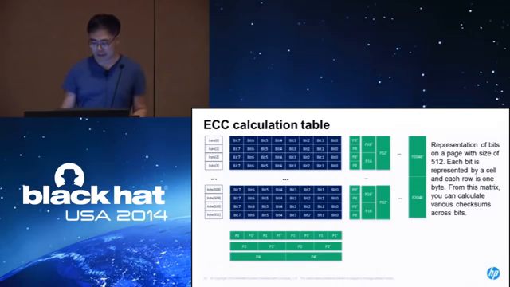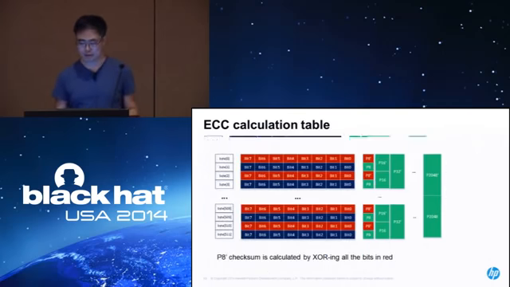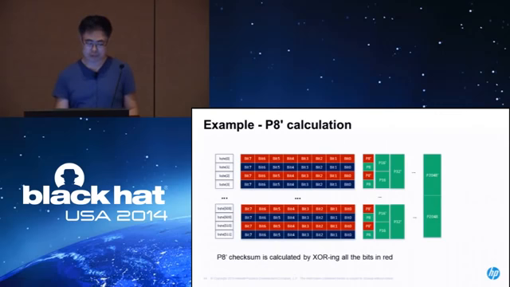Each P here, these blocks P8', P8, P16, and P1, 2, and 4, are representing each hash, the parity bits. For example, for P8' parity bits, you are using the first byte and second byte, and you are using just every even byte to calculate one parity bit.